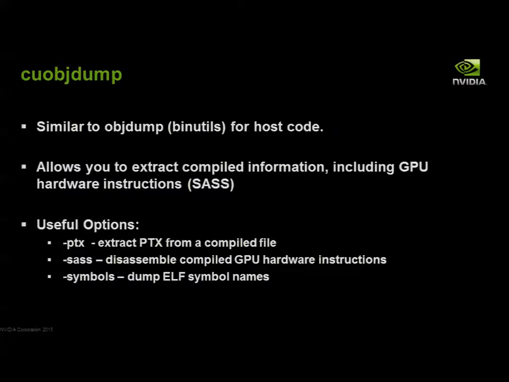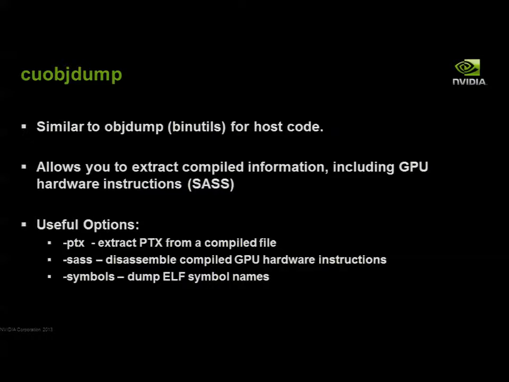Now, why would you want to do that? It can be helpful when you realize that something is just completely wrong, or you want to figure out why you see such a huge discrepancy between your theoretical performance model and the actual performance. A typical case is you assume that you're limited by memory bandwidth, but it turns out that you're not.